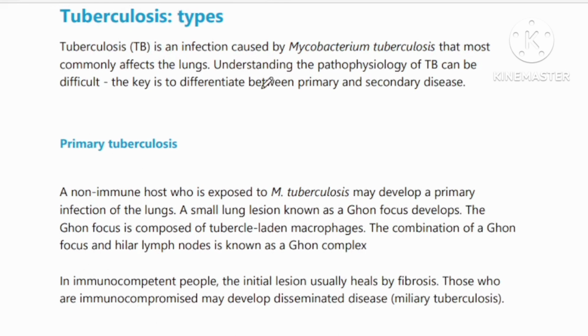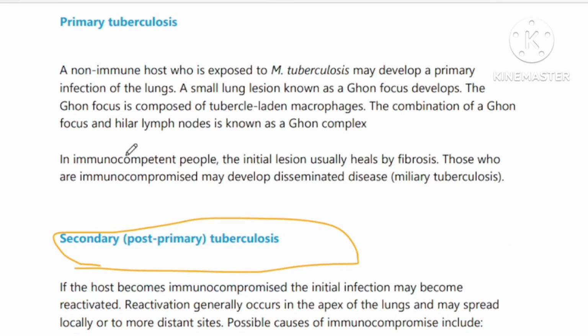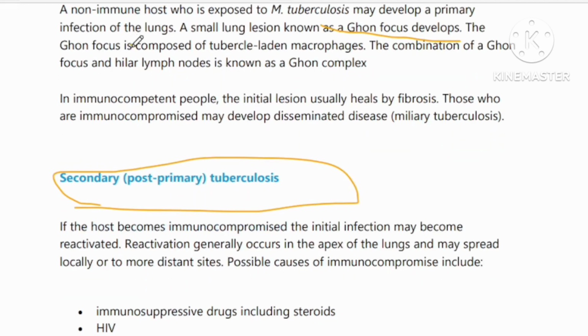Tuberculosis is an infection caused by Mycobacterium tuberculosis that most commonly affects the lungs. Understanding the pathophysiology of TB can be difficult. The key is to differentiate between primary and secondary disease. In primary tuberculosis, a non-immune host who is exposed to Mycobacterium tuberculosis may develop a primary infection of the lungs, a small lung lesion known as a Ghon focus. The Ghon focus is composed of tuberculin-laden macrophages.